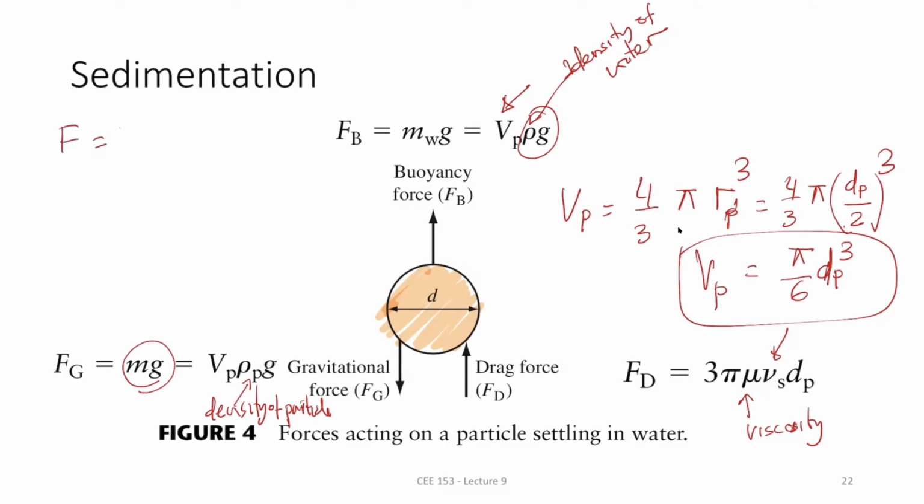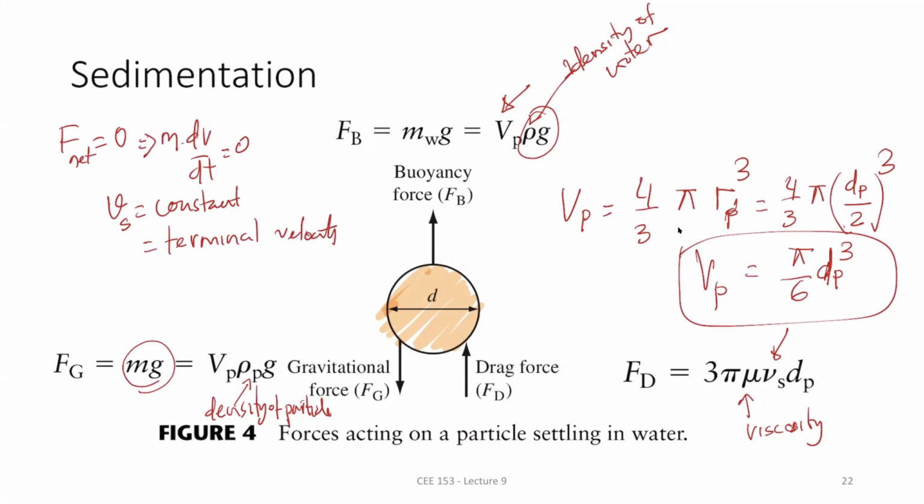So net force is zero, which means m dv/dt is zero. The change in velocity, or acceleration, is zero, which means velocity is constant. So settling velocity is constant. That's called terminal velocity. So the net force is zero.